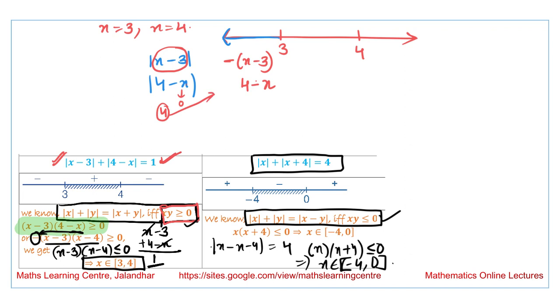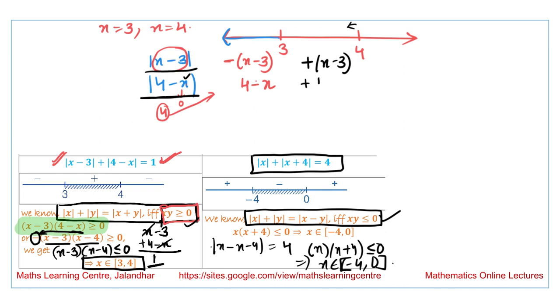Next is when the value lies between 3 and 4. Then this first term will be positive. It is plus of x minus 3. And when x is less than 4, this term is again positive.